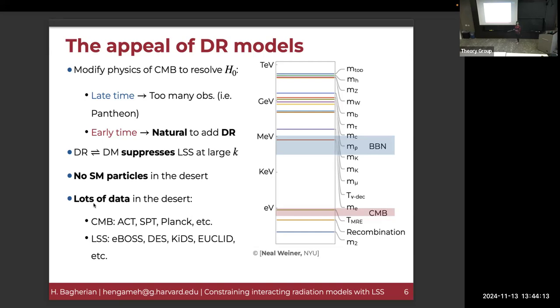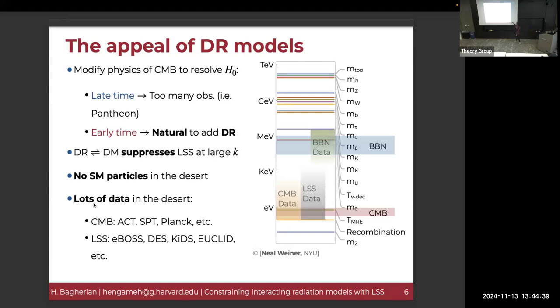So you can extend Lambda CDM, add everything you want, and not worry about mixing any of these scales. The arrows go up, sorry. It was a little hard to scrunch them, but all the scales are either before BBN or after the CMB. Another good thing about the Lambda CDM desert is that there's lots of data.